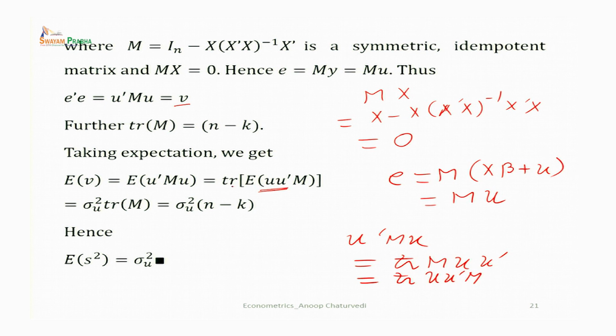So, finally, you obtain expectation of M is equal to M. So, you obtain trace of M here, and trace of M is equal to N minus K. So, expected value of V is sigma square U times N minus K. Or if you write S square equal to V upon N minus K, then expectation of S square is equal to sigma square U. So, S square gives you an unbiased estimator of sigma square U.